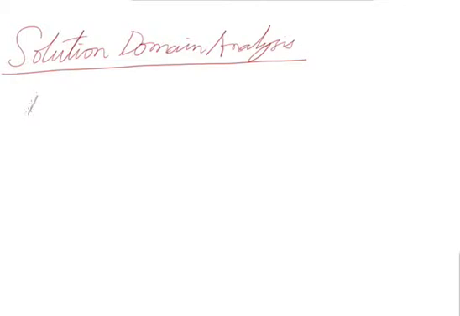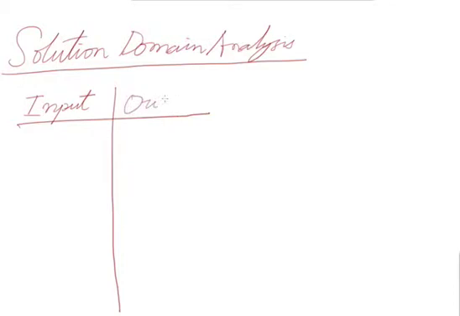So we can focus on gaining the skills required to do problem domain analysis and solution domain analysis separately from each other. So let's say we have input and we have the output that's computed by our program.